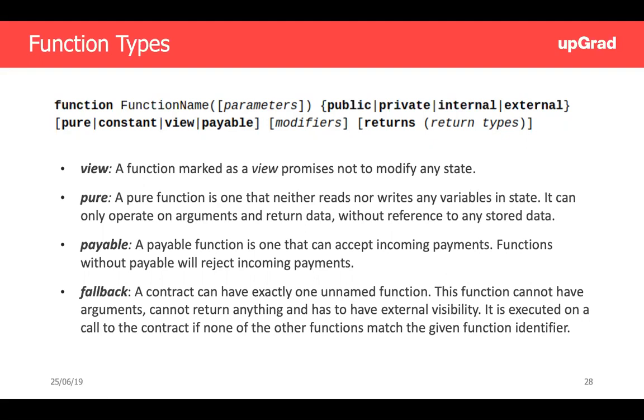Or two, when a transaction comes in with just ether, which is a value transfer transaction. Remember I told you there is a type of transaction called a value transfer transaction. If somebody is just trying to send ether to a smart contract, that ether is added to the balance of the smart contract by the fallback function.